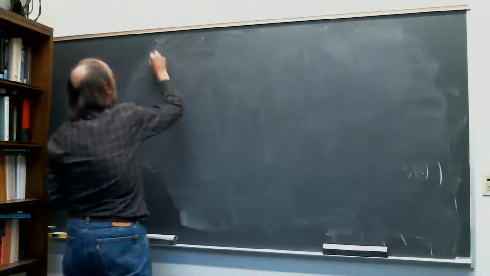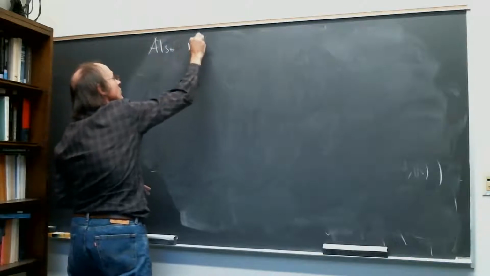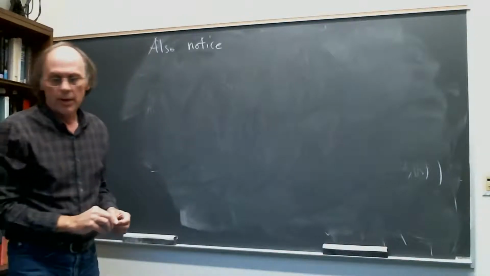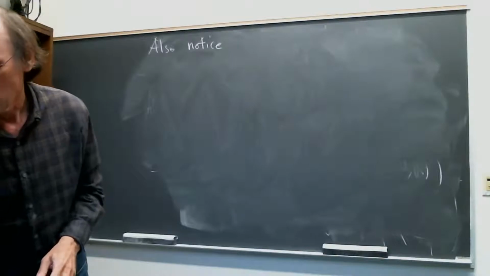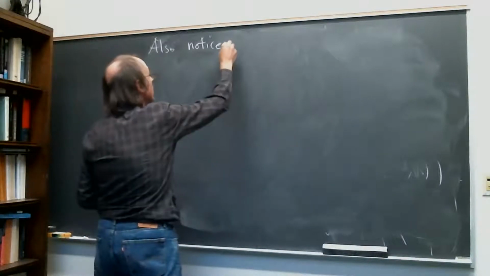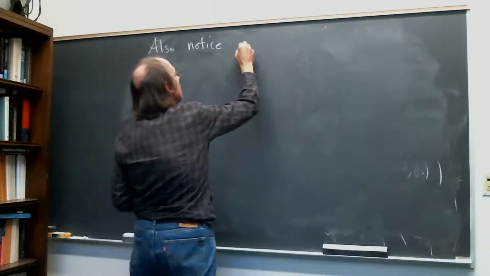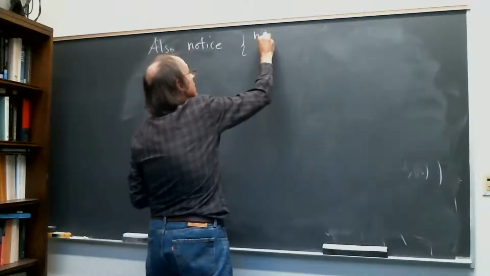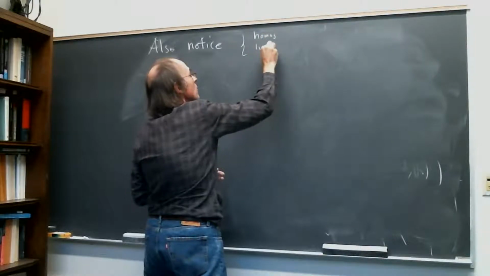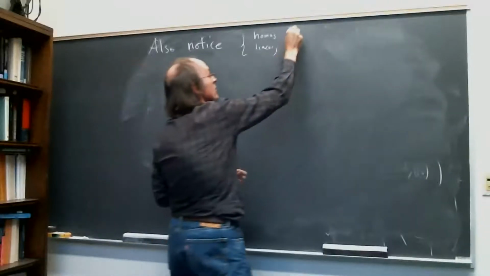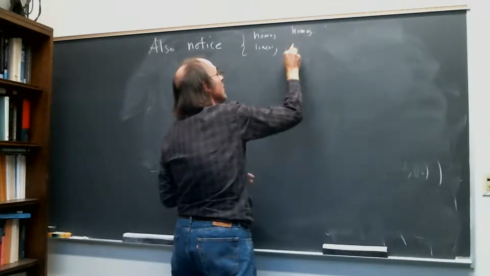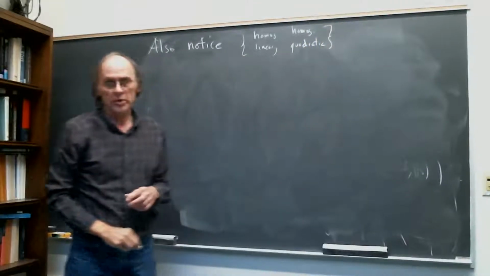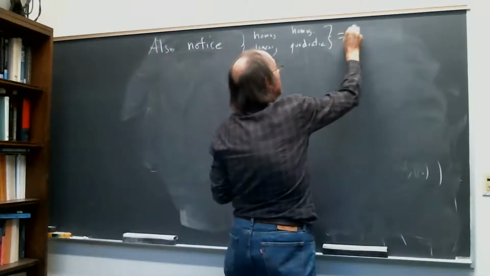Also notice that if you take a linear, and again, I'm always meaning homogeneous, so homogeneous linear, and you Poisson bracket it with a quadratic, what you get is something homogeneous linear.